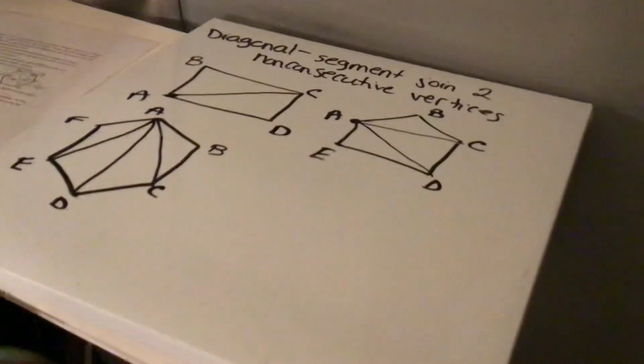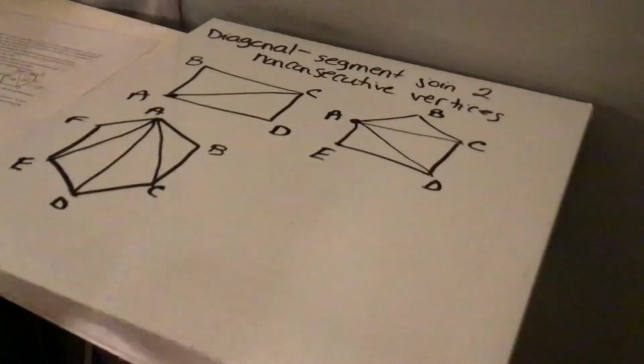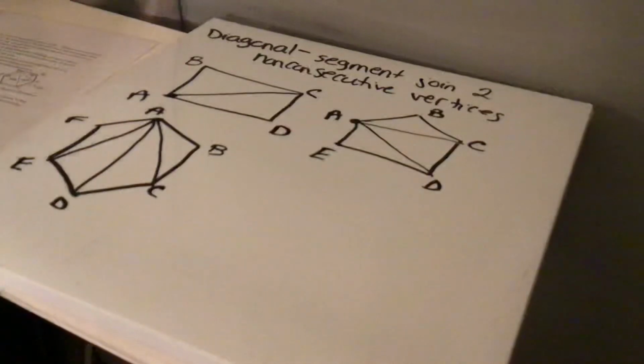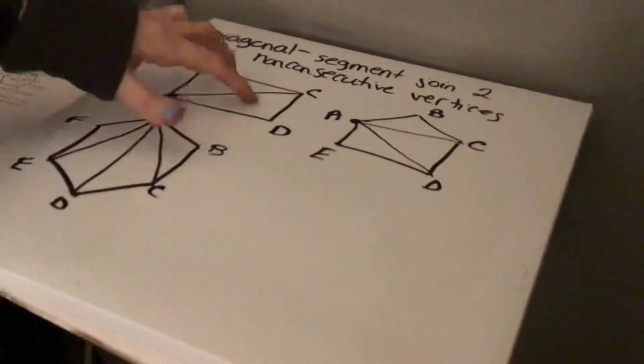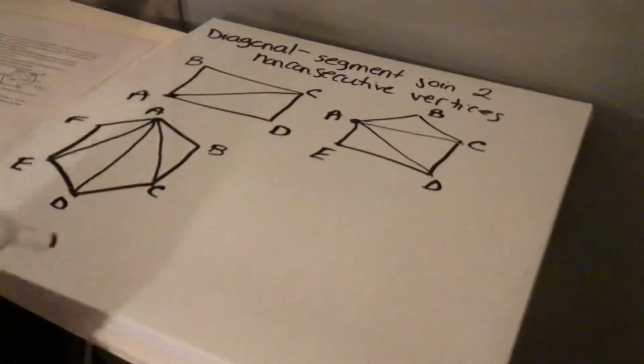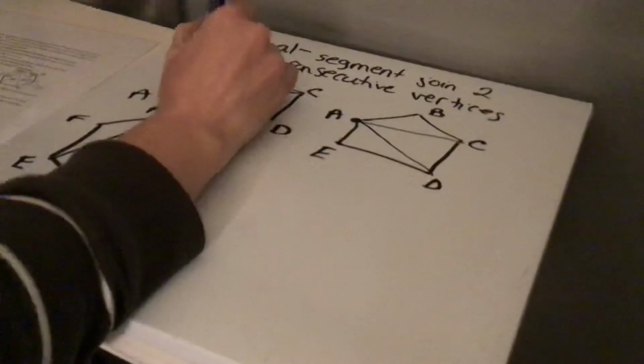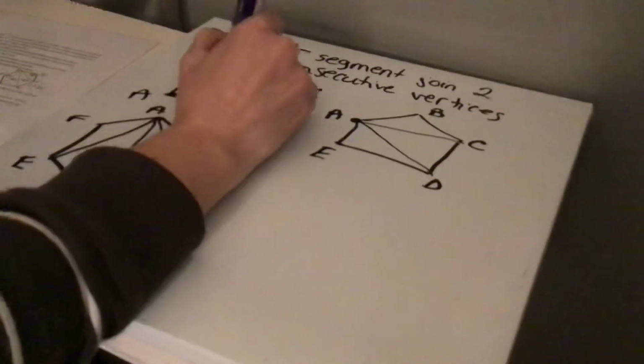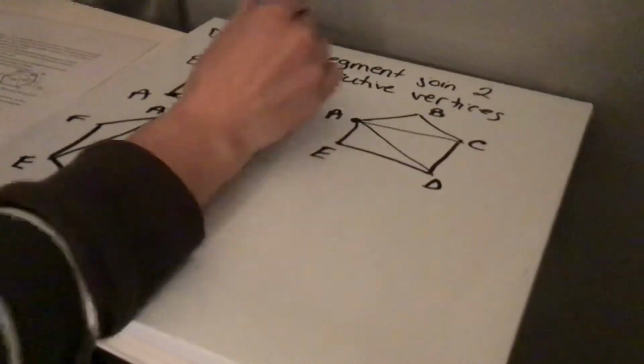Okay, so by drawing in the diagonals, we can then use the triangles that are formed. Okay, we know that the angles of a triangle add up to 180. So in a quadrilateral, I end up dividing it into two triangles that don't overlap. So this triangle adds to 180, the angles, and this one adds up to 180.